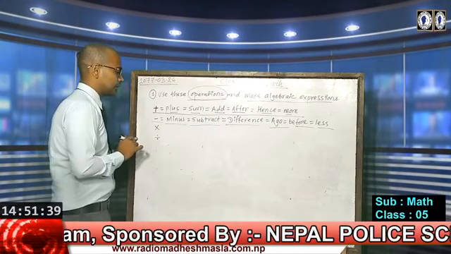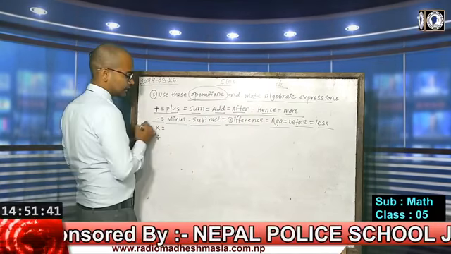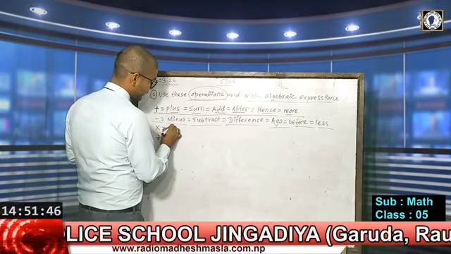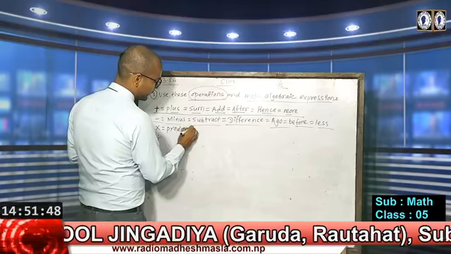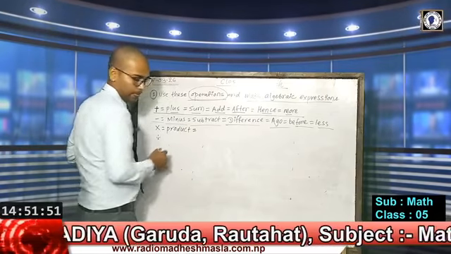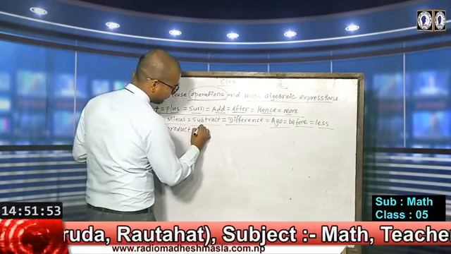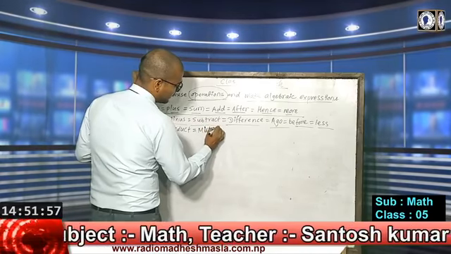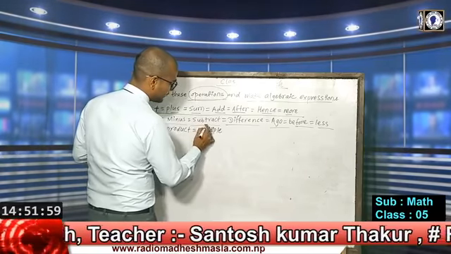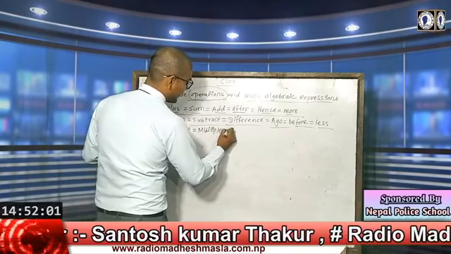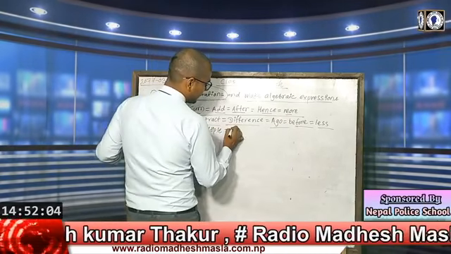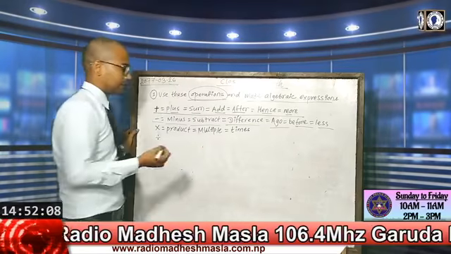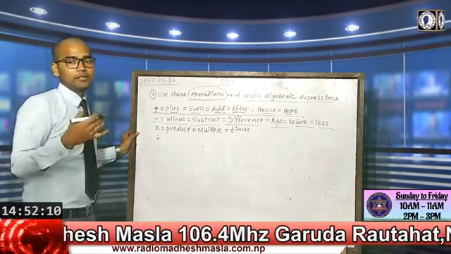In the same way, for the multiplication sign we should use product, multiple, and times, like how many times, for example 3 times, 4 times, 5 times.